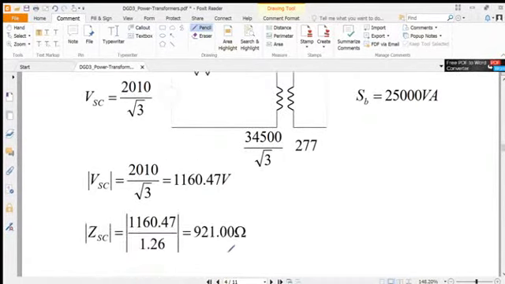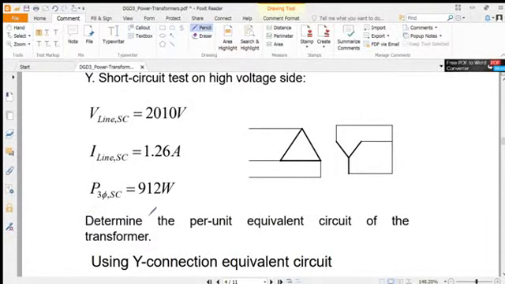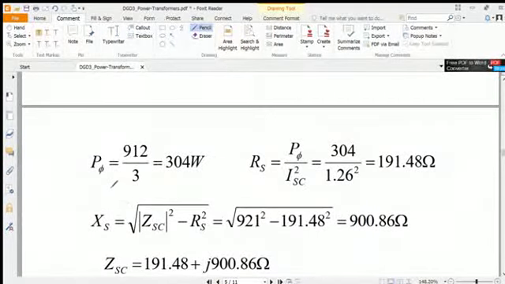Now in the question there is a three-phase power of 912 watt. For single phase we just divide it by 3 and get the single phase power. And since P equals I square R, the copper loss, with I equal to 1.26 we'll get the R value, and the reactance can be defined as here.